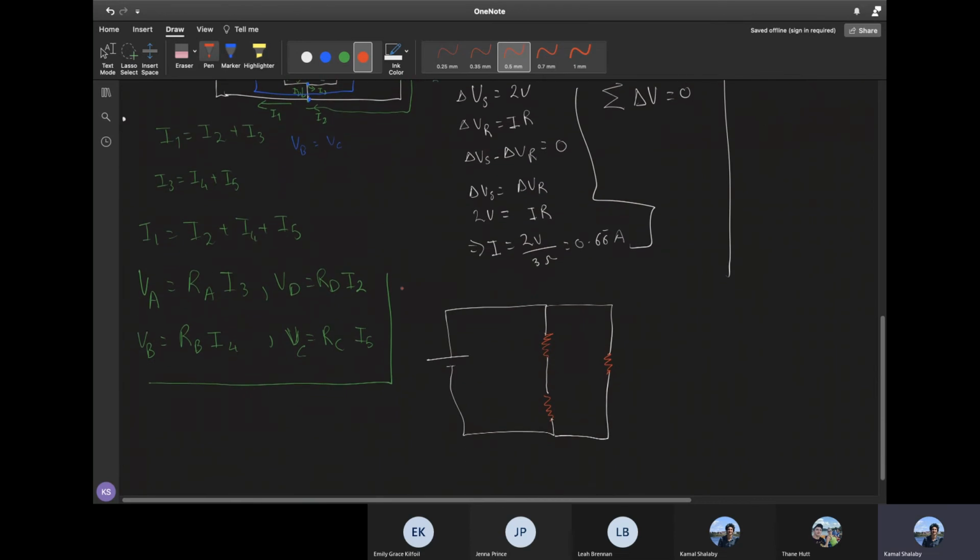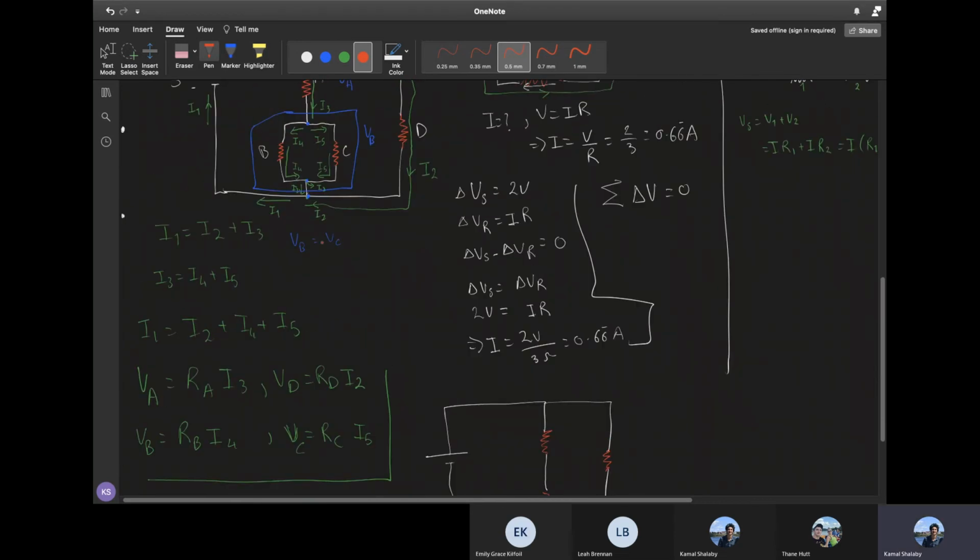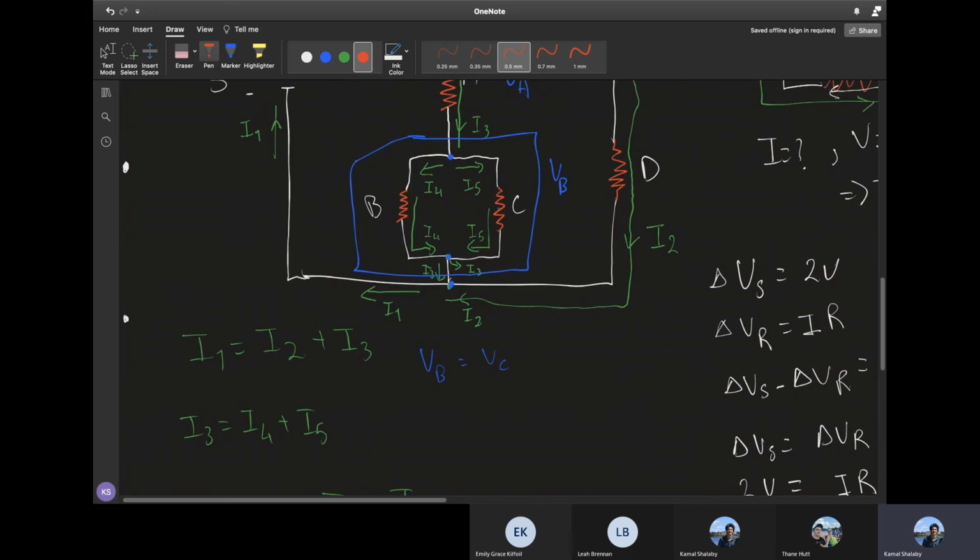Okay, so it doesn't seem to be the case. You do know the potential difference here is VC, right? Right. So the potential difference at these 2 points is VC. What about those 2 points?